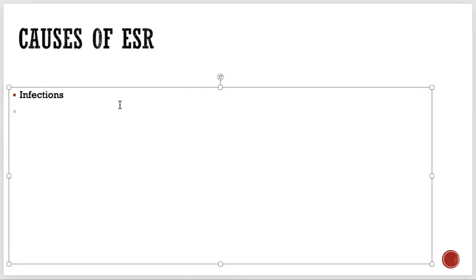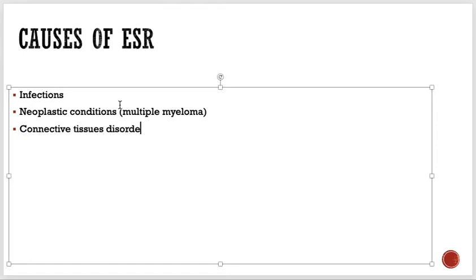Then neoplastic conditions, or neoplasms, will give an increased ESR. One very important neoplastic condition which you will study someday is multiple myeloma. So the patients may have multiple myeloma as well. Then again, many of the rheumatological conditions, or connective tissue disorders, can lead to an increased ESR.